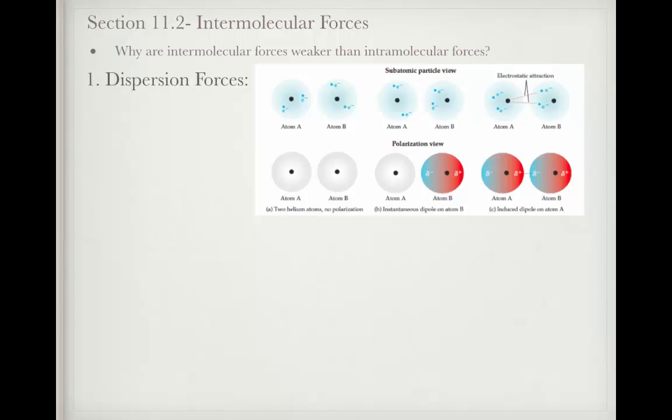Now, if you notice for C, the bottom part shows the partial positive and the partial negative. That attraction between the partial positive and partial negative, that electrostatic attraction, that is a dispersion force.